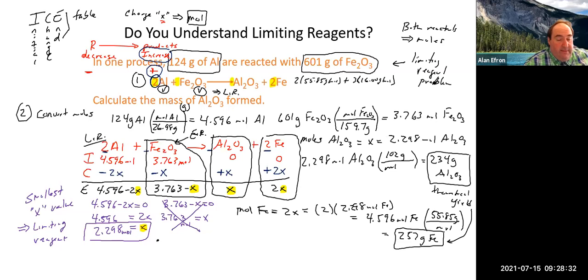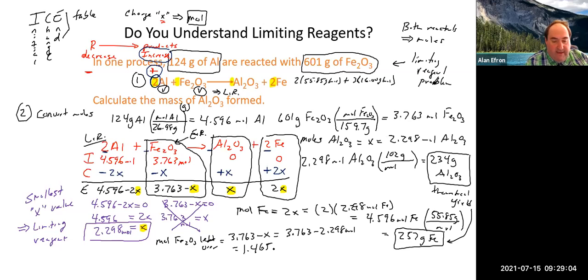So we know that the moles of our iron 3 oxide left over is equal to 3.763 moles minus X, which means 3.763 minus our x value. Again, exact same x value because it's the same number all the way across. And we can very quickly figure out that we would have 1.465 moles of our iron 3 oxide left over.